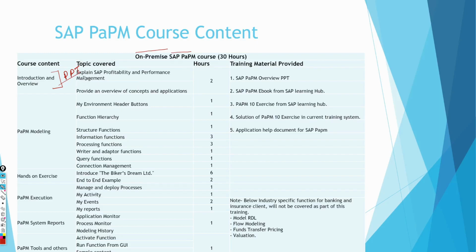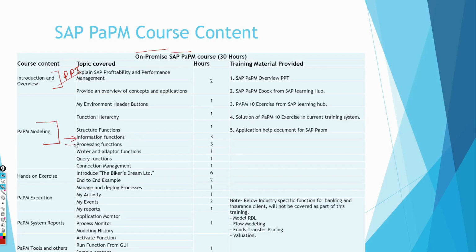Now once we understand what is the PAPM, then we will move to PAPM modeling part. Whenever we build some models in PAPM to achieve some business requirement, that is called PAPM modeling. In modeling, we have different functions in PAPM. For example, there are information functions which bring data into PAPM.